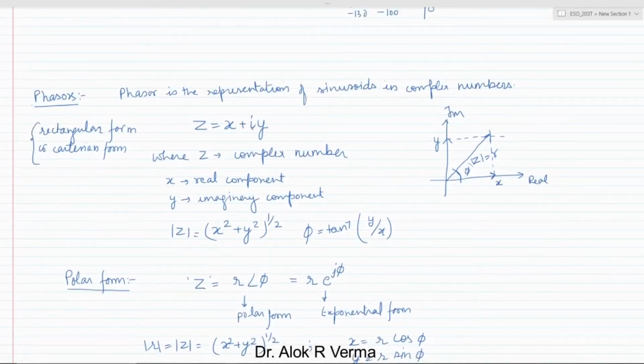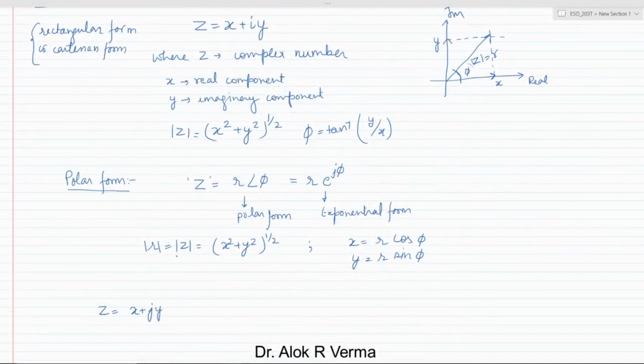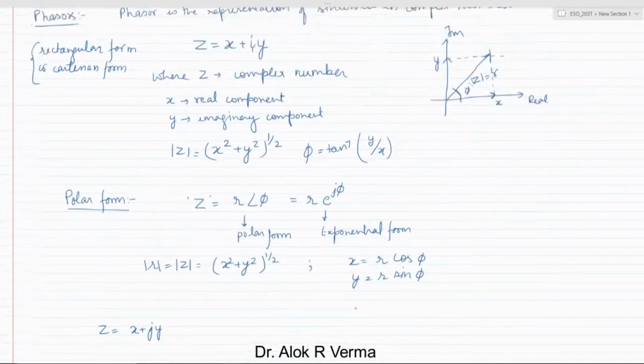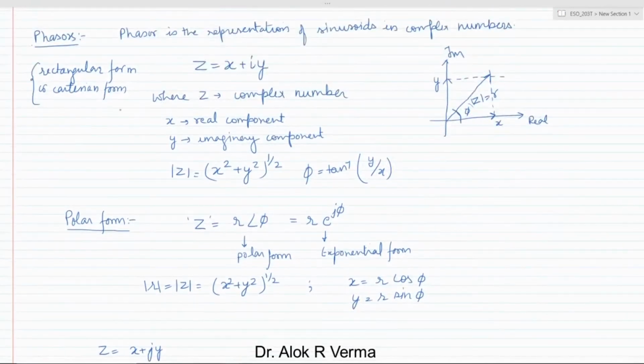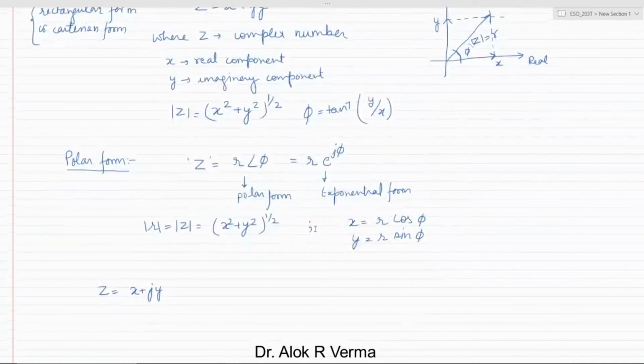I stands for iota, not the current here. Let us assume that this is x plus iy, but consider it as j, because we will be going to the representation in the circuit, so don't get confused with the current. So r plus jy. Here also we have written j, correct, that is fine.